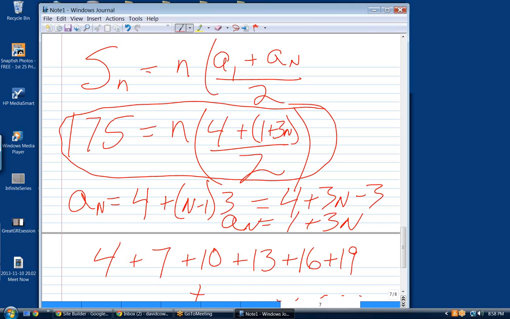Probably you're going to want to do geometric sequences. That's the only thing they give you in Algebra 2, arithmetic and geometric. There are lots of other kinds of series and sequences, but the two they start you out with are arithmetic and geometric.